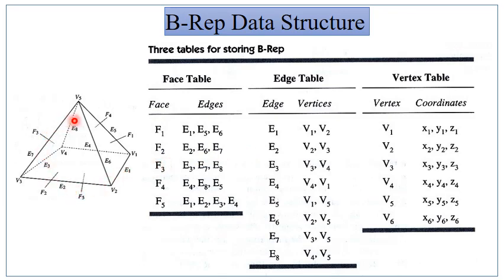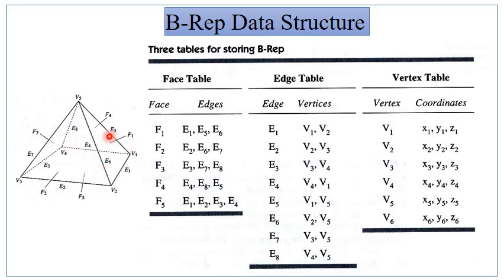Here we can see this example, a triangular pyramid. V1, V2, V3, V4, V5 are the vertices. V1 and V2 make edge 1, V2 and V3 make edge 2. Similarly, the edges are made, and for the face formation, all the edges should be in a closed form.